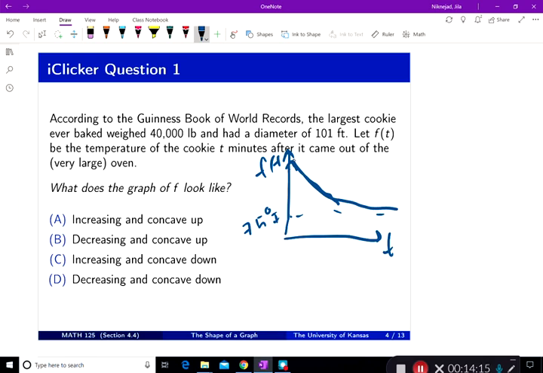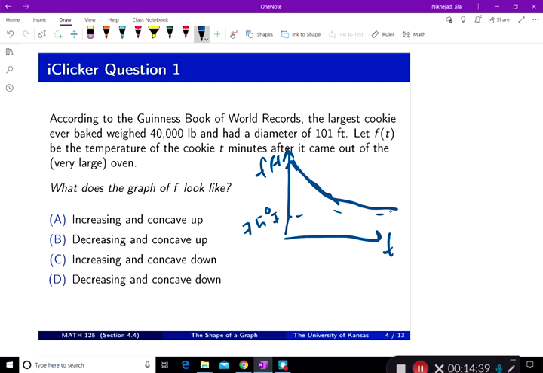So what happens is that, that's Newton's law of cooling, when it's very hot and the difference between the cookie and the room temperature is high, it cools down faster, and then it cools down slower when the difference is smaller.